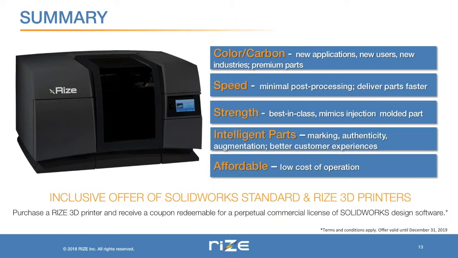And finally, it is affordable because it has a low cost of operation, especially regarding labor costs and infrastructure costs, because you don't need a lot of external equipment, whereas you may need external equipment for other machines for post-processing and things like that. And you also don't need much labor because of how simple the pre and post-processing steps are.